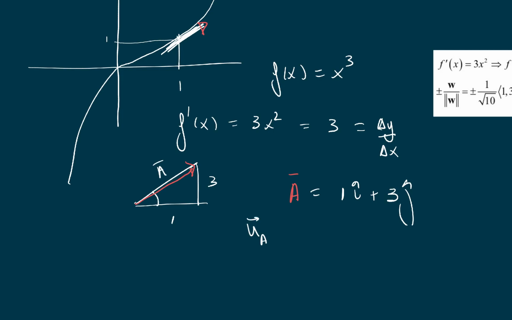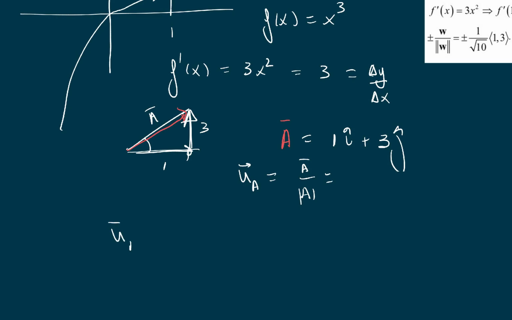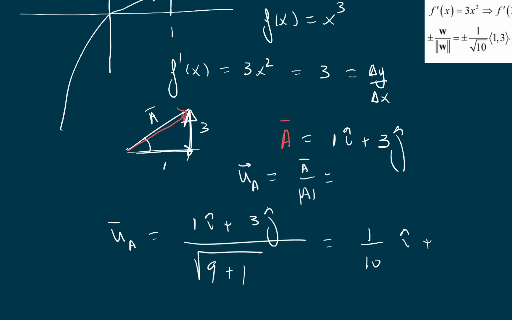It is the vector A divided by the magnitude of A. So the unit vector u sub A is 1i plus 3j divided by the magnitude of A. The magnitude of A is the square root of 3 squared plus 1 squared, so it's 1 divided by root 10 i plus 3 divided by root 10 j. So the vector that he's asking for is this vector. Okay, good luck.